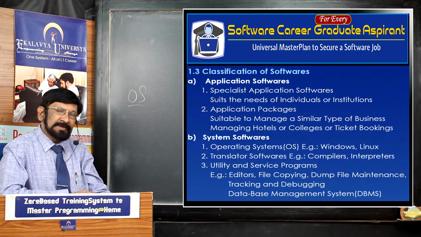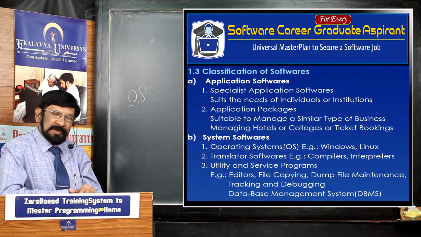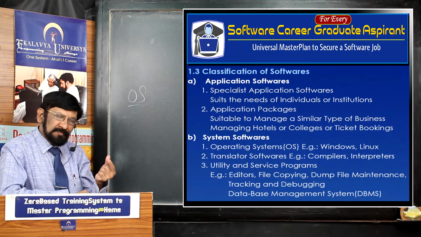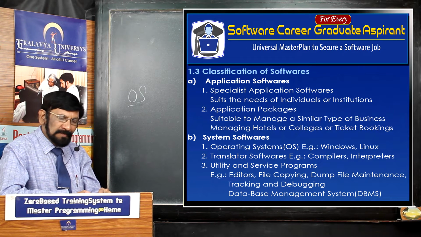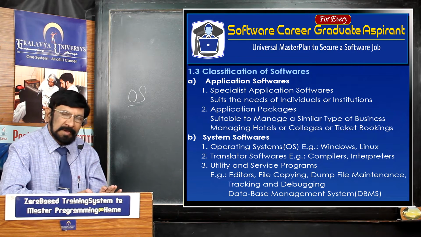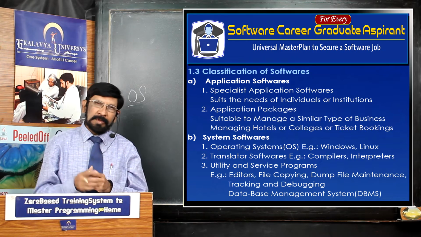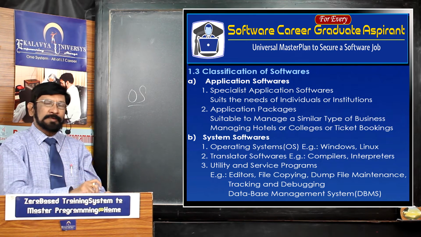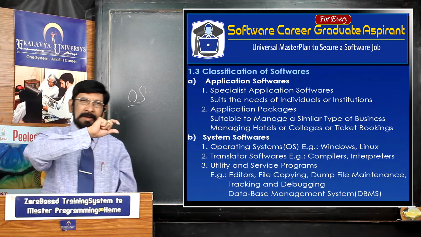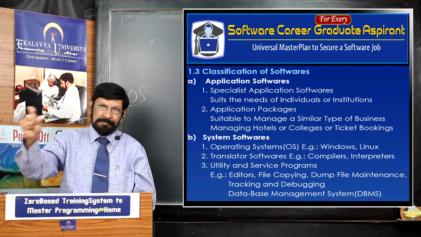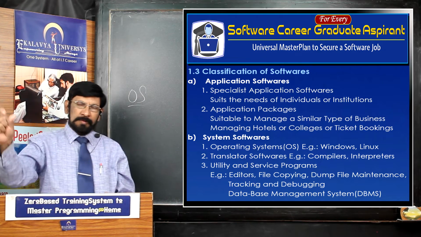Thereafter, translator software. What is translator software? In the next concept I am going to explain. Actually, whenever a language is developed, the corresponding compiler should be developed: C compiler, C++ compiler, Java compiler, Python compiler, C Sharp compiler.